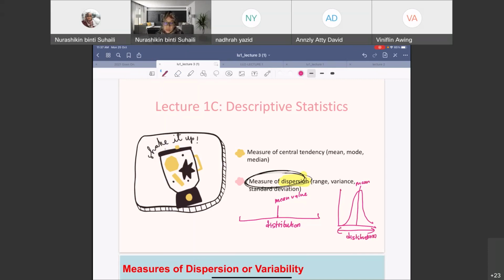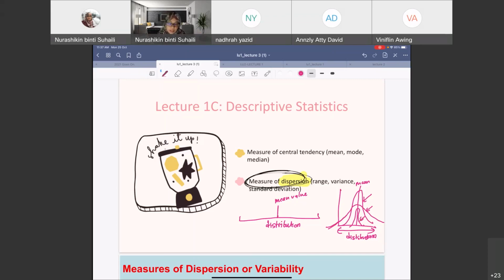So whether it's something like this, or maybe something like this, or something like this. So you can see different shapes, like this and this. That is actually the dispersion. That describes the dispersion, meaning how spread it is.